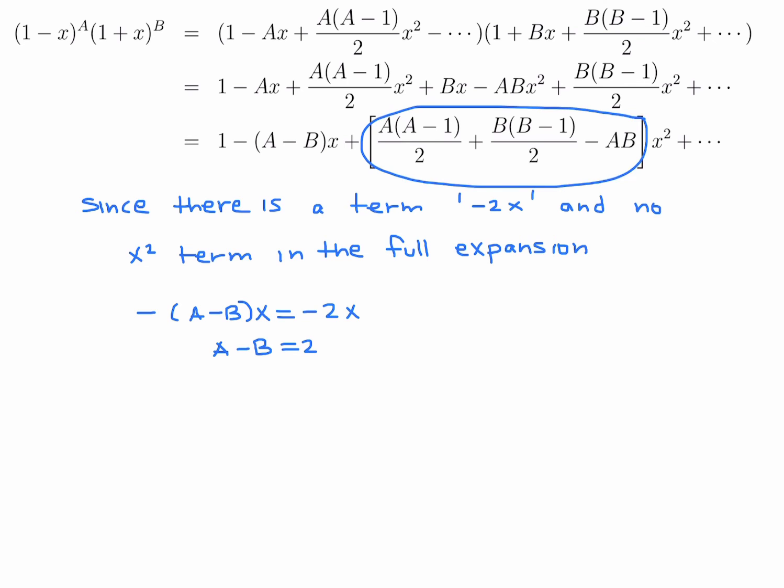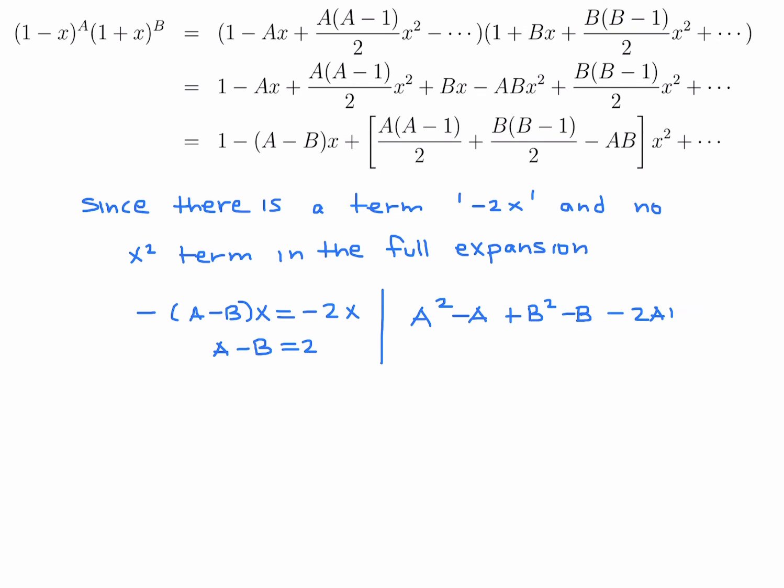And then this whole thing has got to be equal to 0 because there's no x squared term. So that means this, if you multiply it out, it becomes a squared minus a plus b squared minus b minus 2ab is equal to 0. I just multiply through by 2.